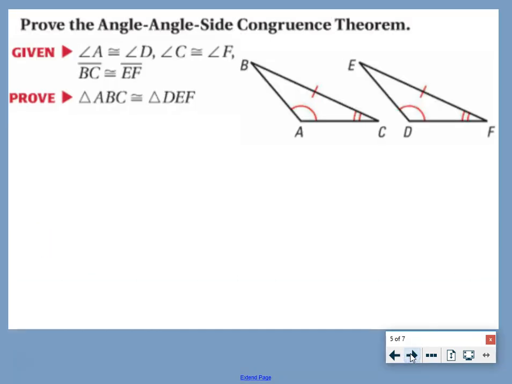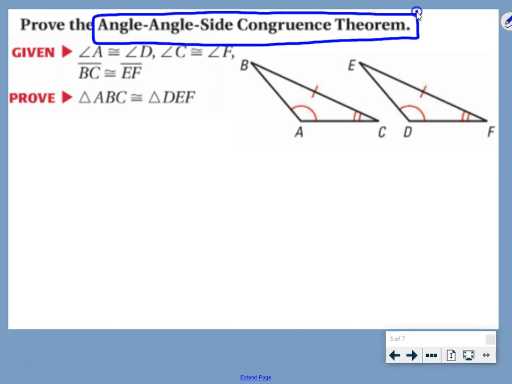Prove the angle, angle, side congruence theorem. So we are given that angle A is congruent to angle D, angle C is congruent to angle F, and side BC is congruent to EF. We need to prove that triangle ABC is congruent to triangle DEF. If we are proving this theorem, we cannot use this theorem in our proof.